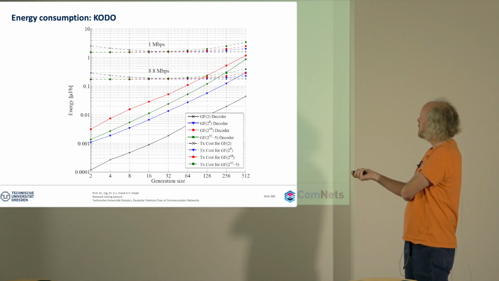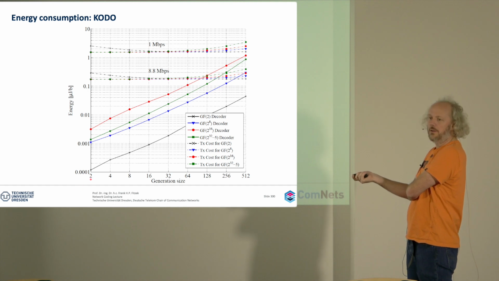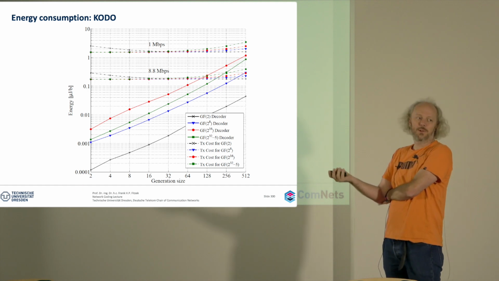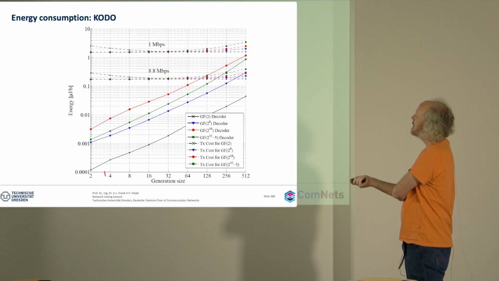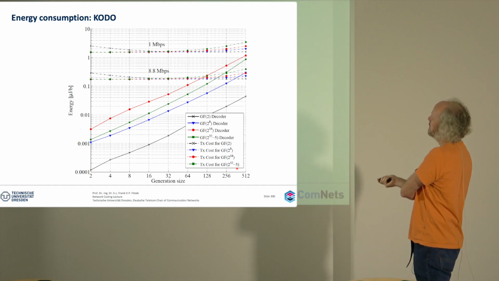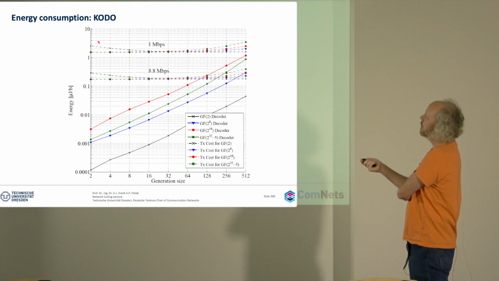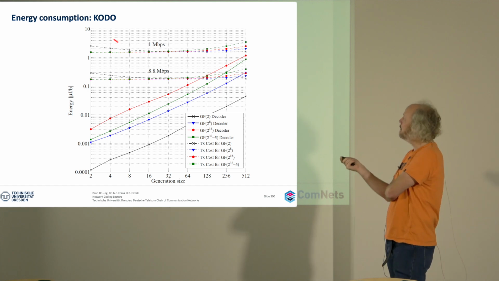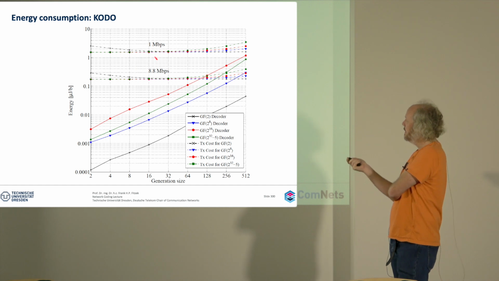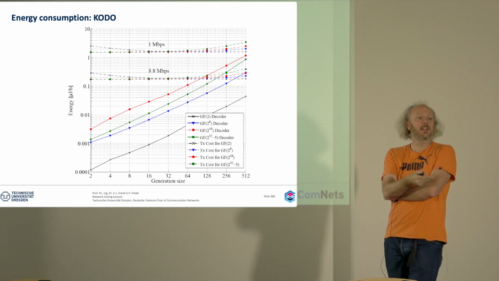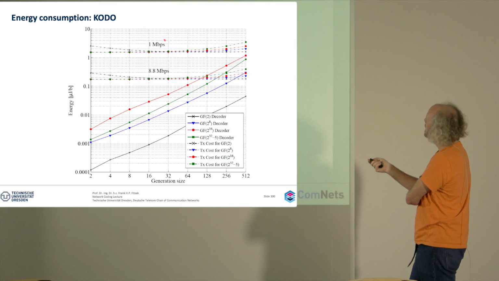For example, for 2, we know it's not 1.6, it's a little bit lower than that, but you get an extra penalty. But this penalty vanishes the larger the generation sizes, okay? So we are sending more bits here because we have to repeat due to the linear dependency.